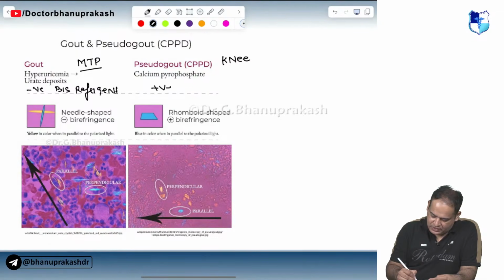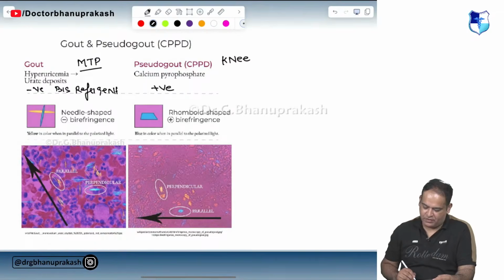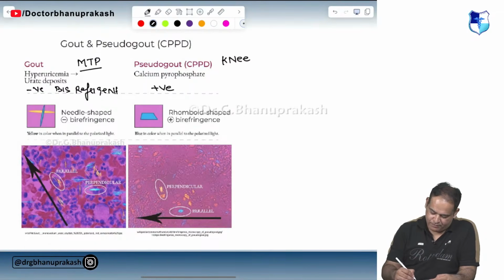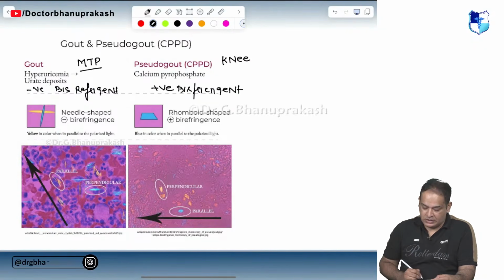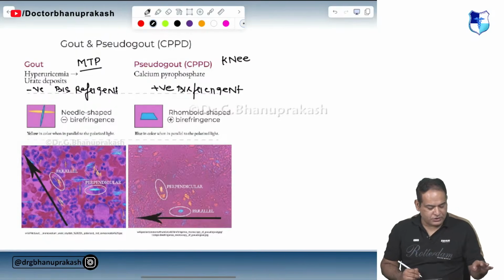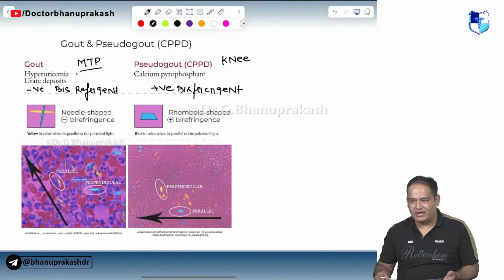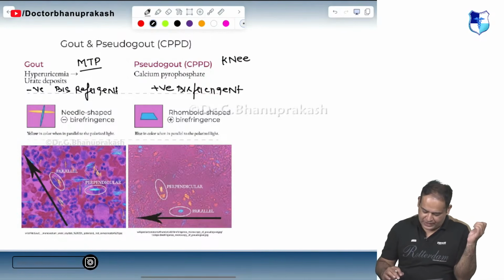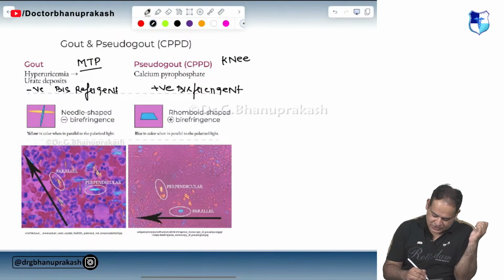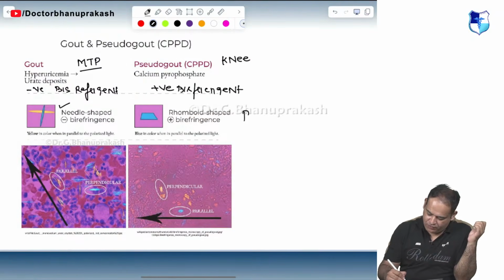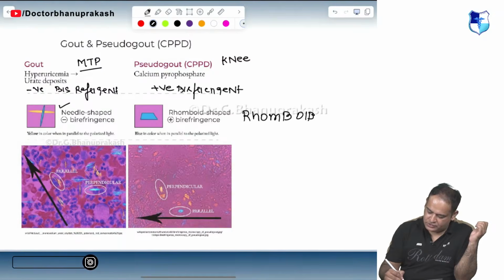And here the crystals are positive birefringent. Fine. So pseudo gout, the common joint affected is knee joint. Gout, the common joint affected is metatarsophalangeal joint. And the crystals are needle shaped, whereas the crystals here are rhomboid shaped.